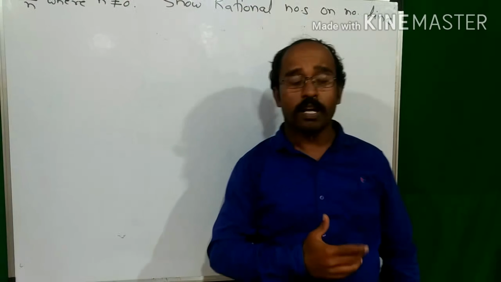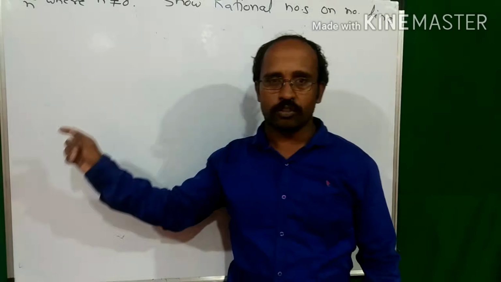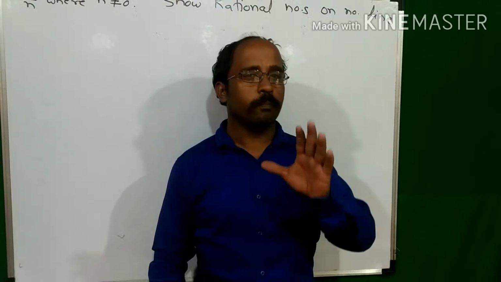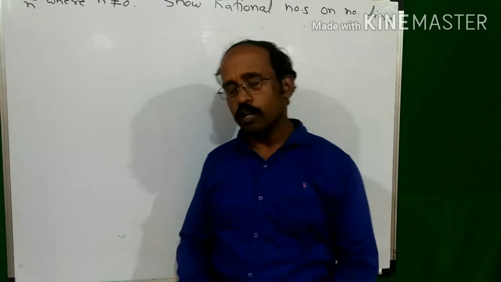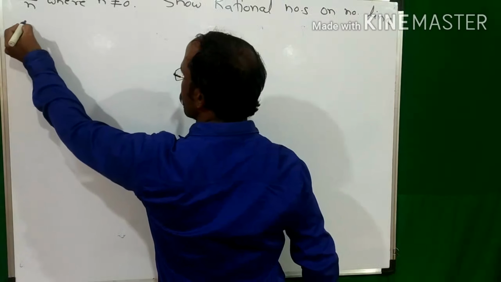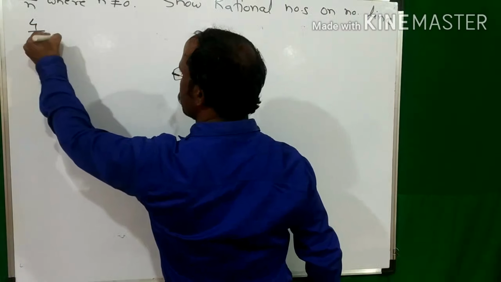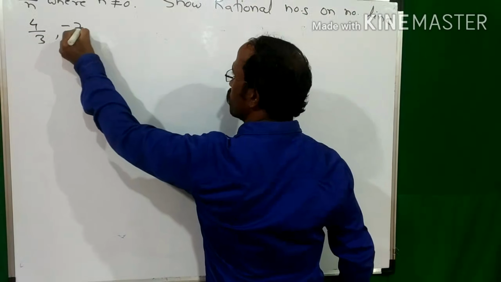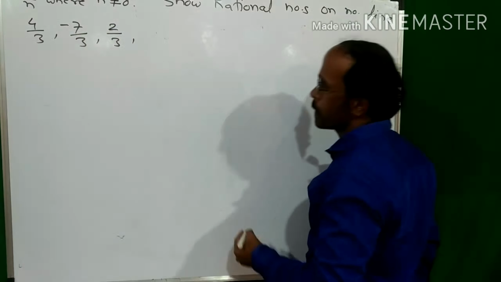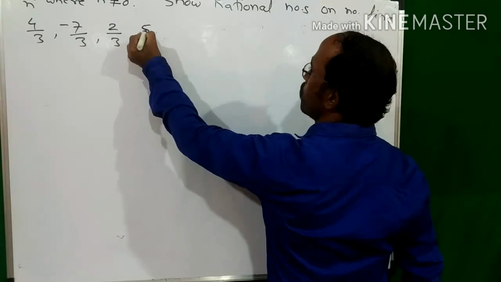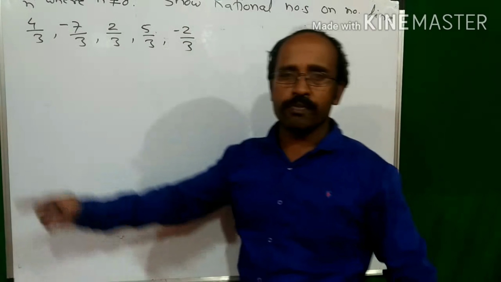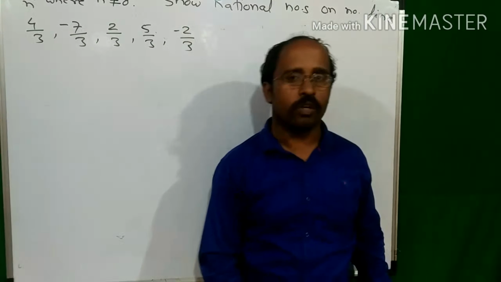Believe in me, students, while I am teaching this topic, you will find that I am just recalling the concept of 6th standard. Suppose we have to show rational numbers like 4 upon 3, minus 7 upon 3, 2 upon 3, 5 upon 3, minus 2 upon 3 on a number line.